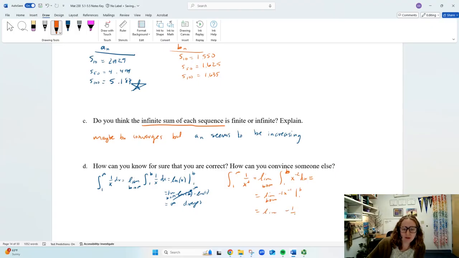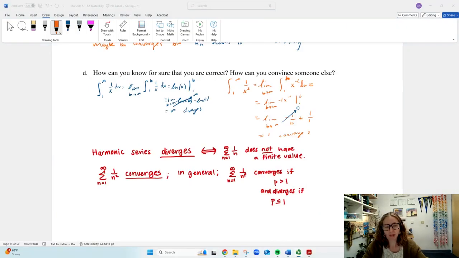I'm going to have -1 over b minus another -1, so it'll actually be a plus 1 over 1. Since b is approaching infinity, this chunk is going to approach 0, and this converges. So that's convincing evidence for my partial sums up here to also reach a stopping point, or converge.